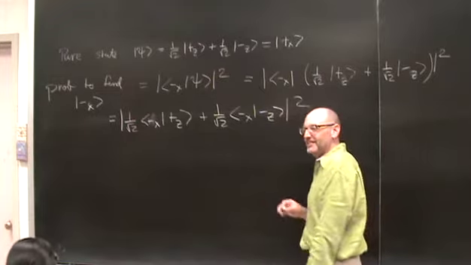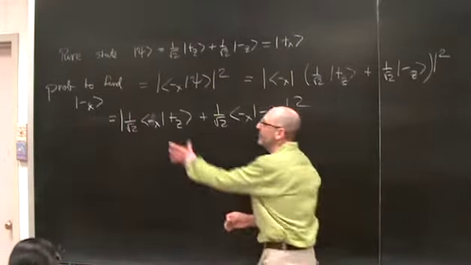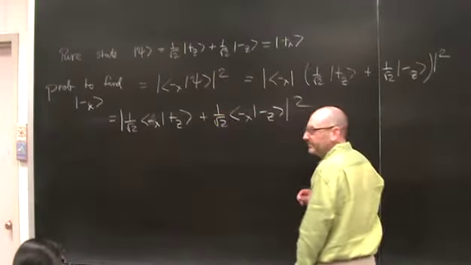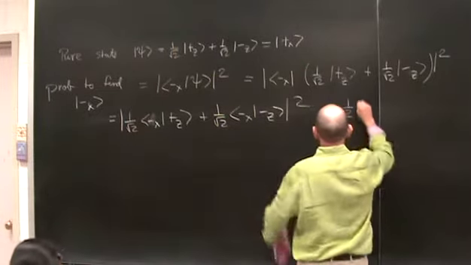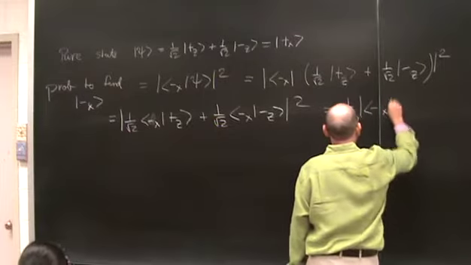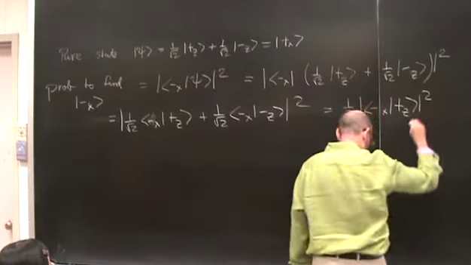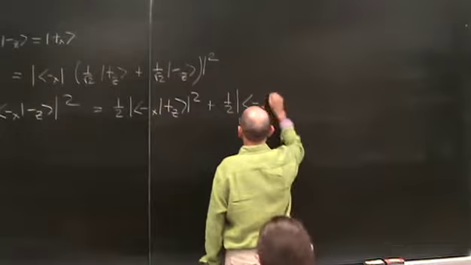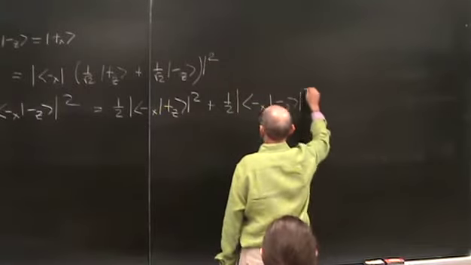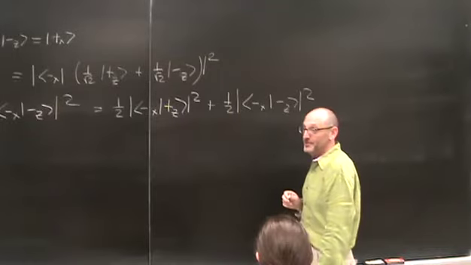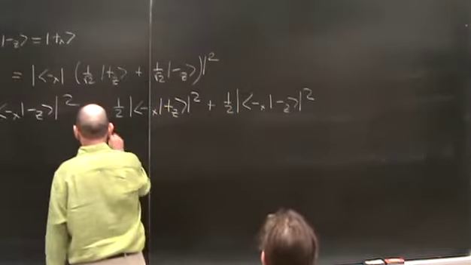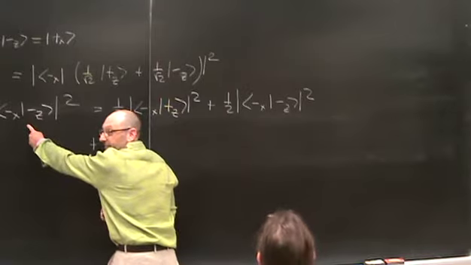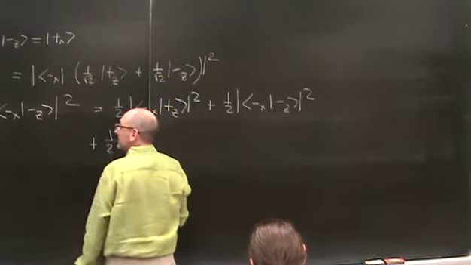Being very pedantic and slow here. And now let's square out the term. I have the square of this term plus the square of that term plus the cross terms. So that is equal to the square of the first term. Okay? Those are the squares of those terms. And then the cross terms. So the cross term, I have this times the conjugate of that, right? Because you have to multiply it by its complex conjugate.